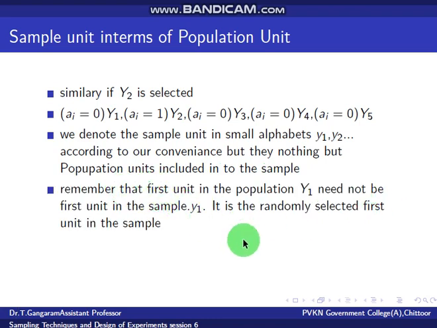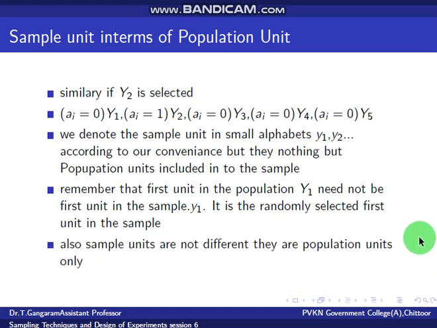Remember that the first unit in the population Y1 need not be the first unit in the sample small y1. It is the randomly selected first unit in the sample. Sample units are not different values. They are population units only.